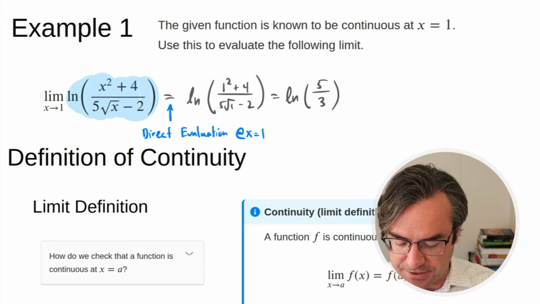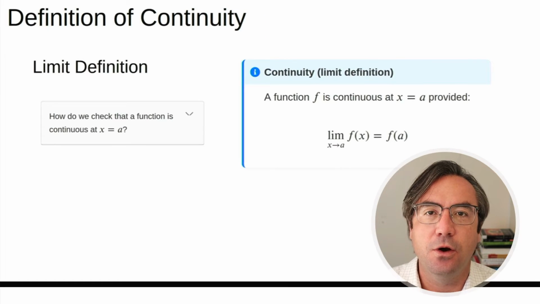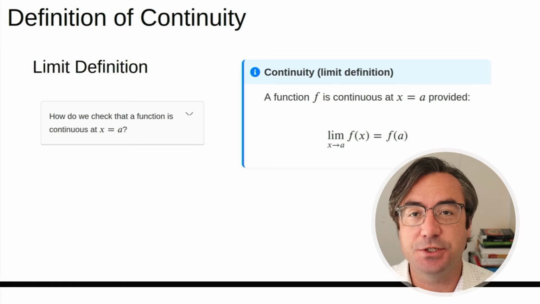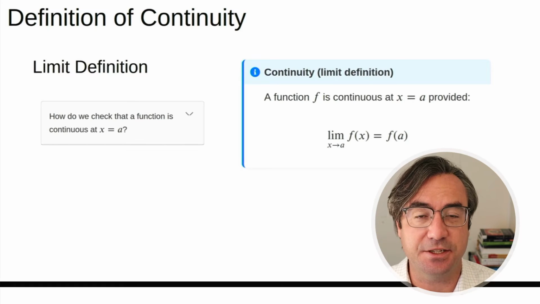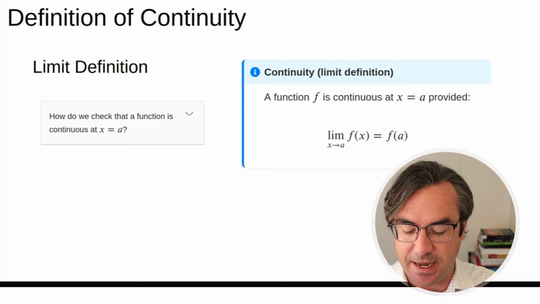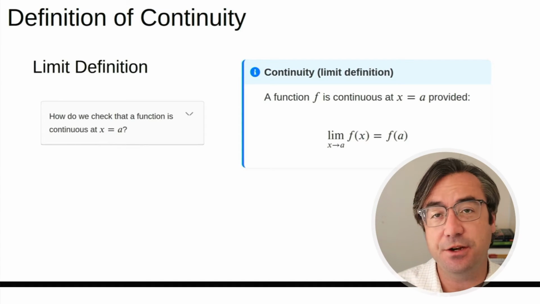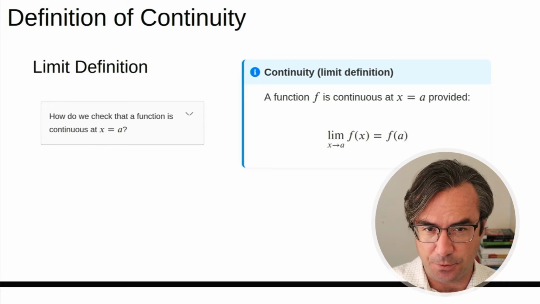All right, so the question is, how do we check whether a function is continuous or not at a specific x value? How do we know a function's continuous at x equals a? Well, the limit definition for continuity, let's read through this.